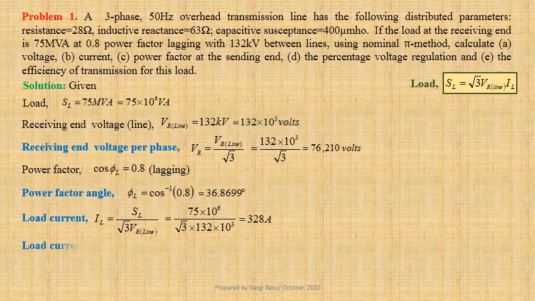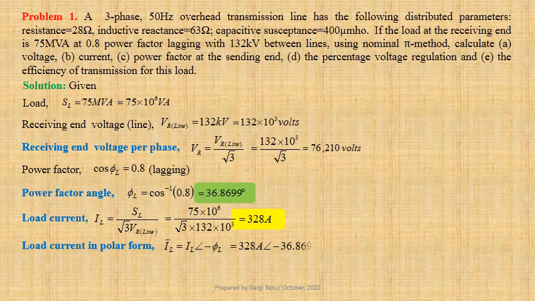Load current may be written in polar form as IL equals IL at an angle minus phi L, that is equal to 328 ampere at an angle minus 36.8699 degree. This may be written in Cartesian form as 262.4 minus J times 196.8 ampere.